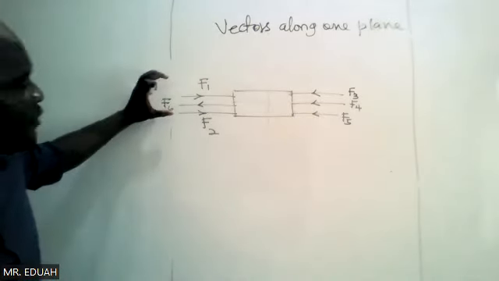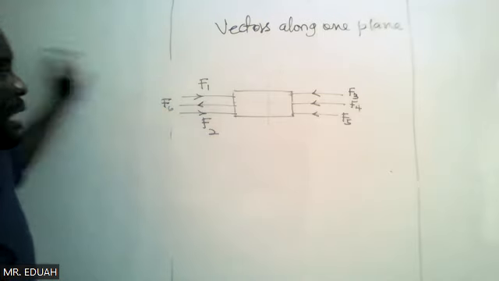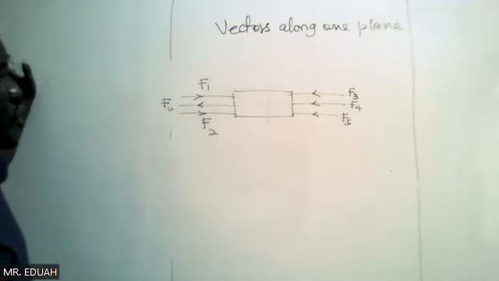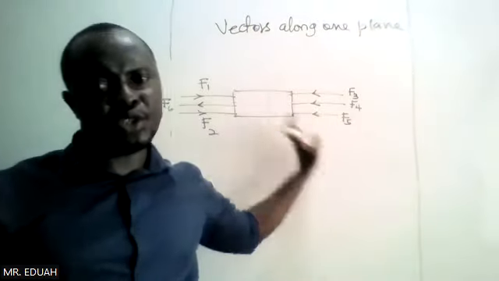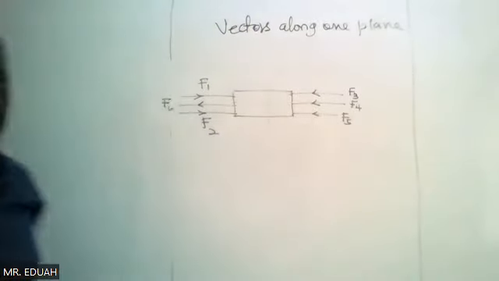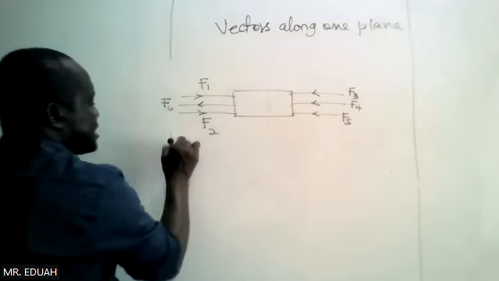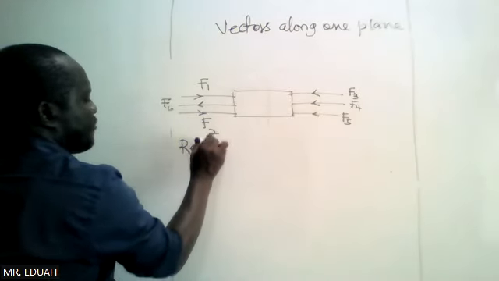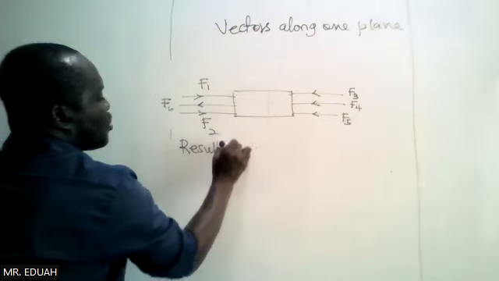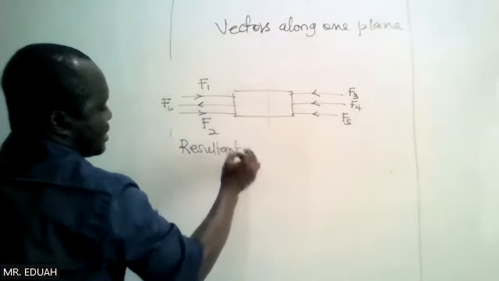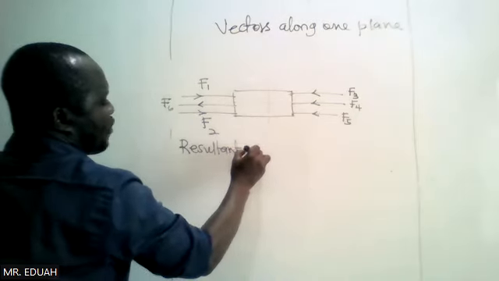We have three forces acting due west, three forces acting due east. What is the resultant of this number of forces acting concurrently on the mass?